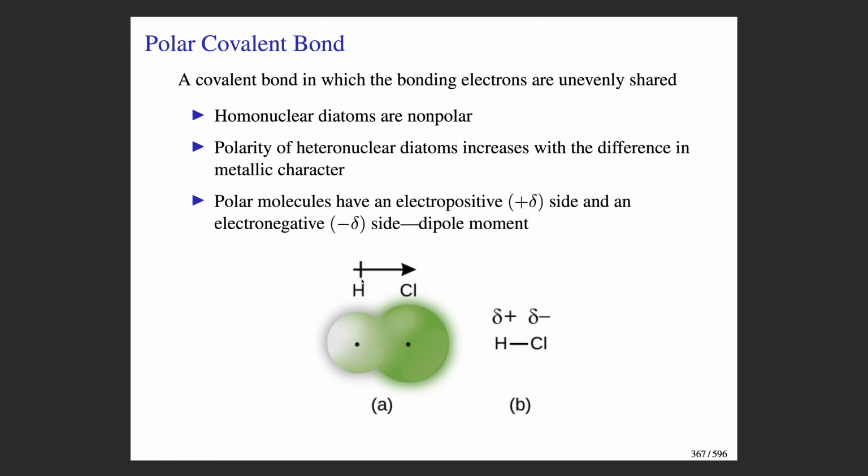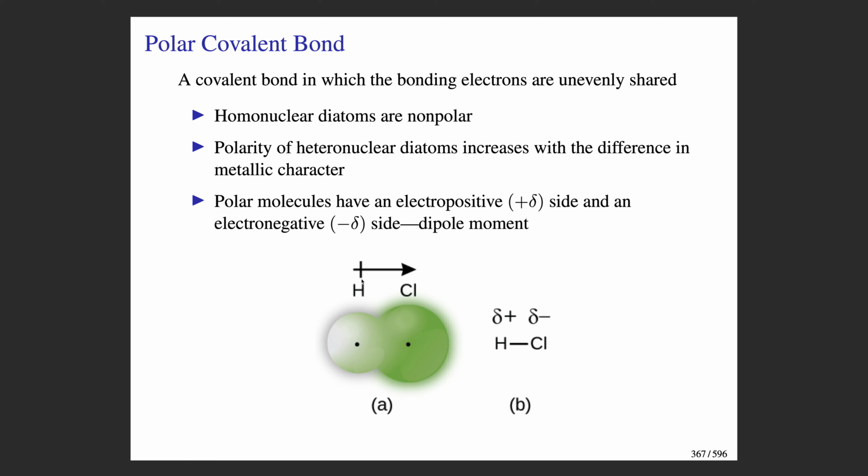Well, these covalent bonds that we're talking about, the electrons are being shared between two atoms in a molecule. However, the electrons are usually not equally shared between two atoms. For the case of homonuclear diatoms, where the two atoms that are bonded together are the same, as in H2, O2, diatomic chlorine, the electrons are evenly shared between the two atoms, and we say that the molecule is nonpolar.